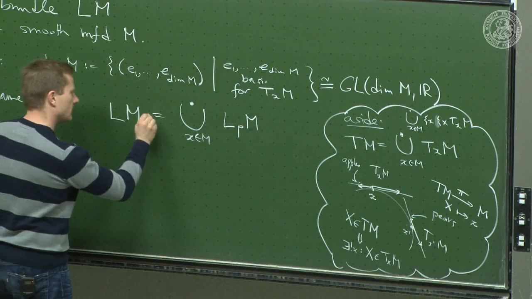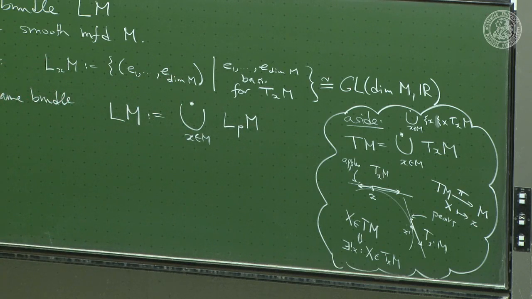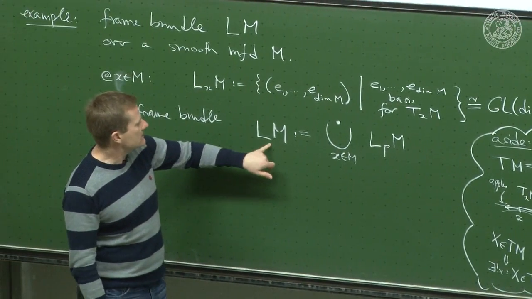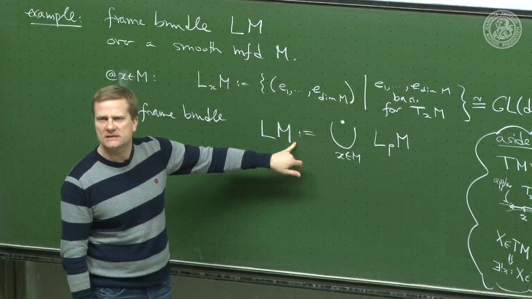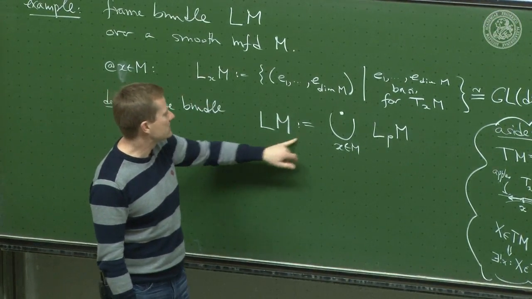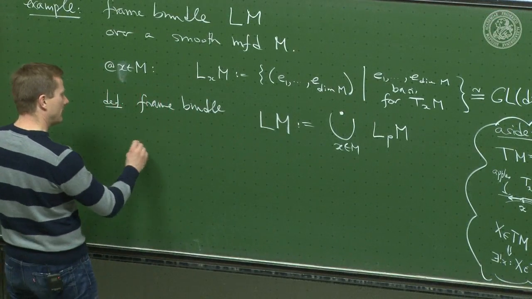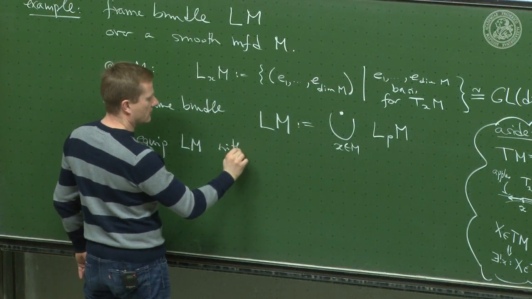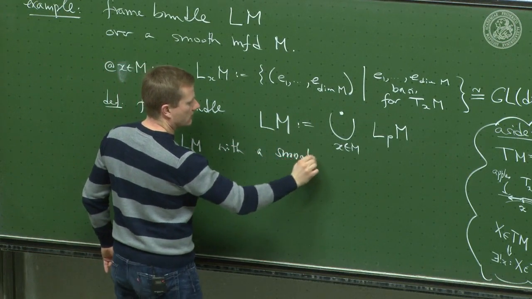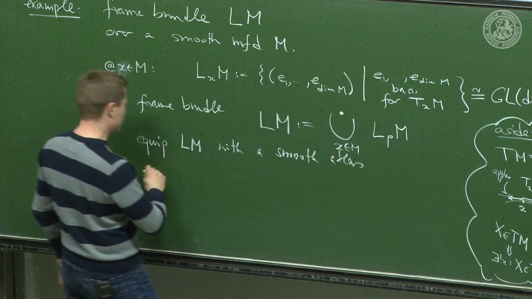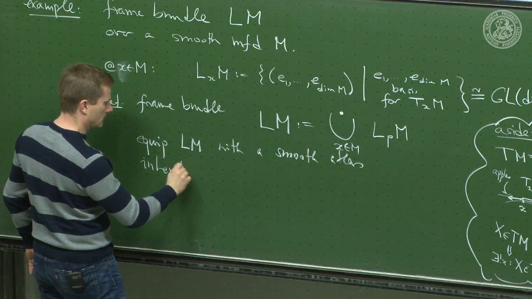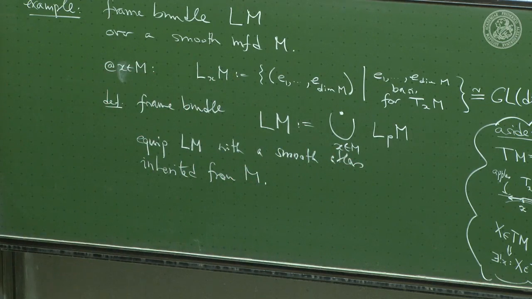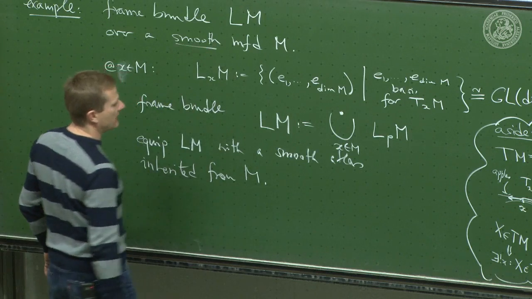But this is the definition we want to make in complete analogy to the tangent bundle, and then we want that this guy inherits an atlas, say a smooth atlas, because we just work in the smooth category here. So we equip LM with a smooth atlas inherited from the smooth atlas on M, which must carry a smooth atlas because we assumed M to be a smooth manifold.